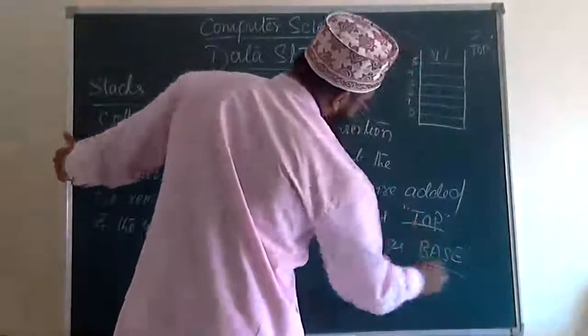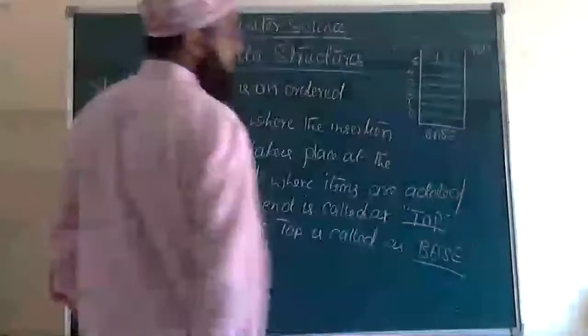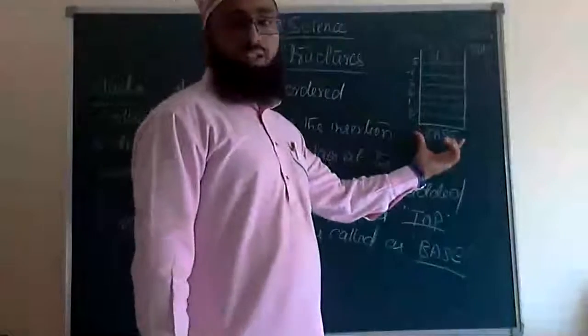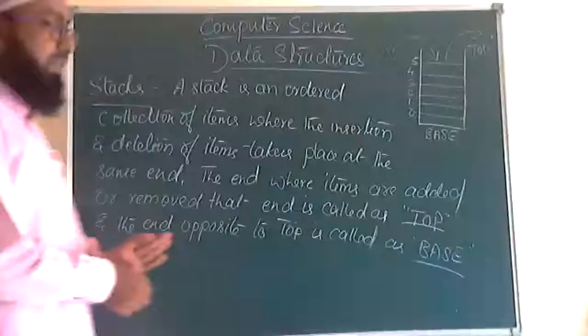One is top, the other one is base. This can be called a base because it is a closed end. Here nothing can be inserted and nothing can be removed.